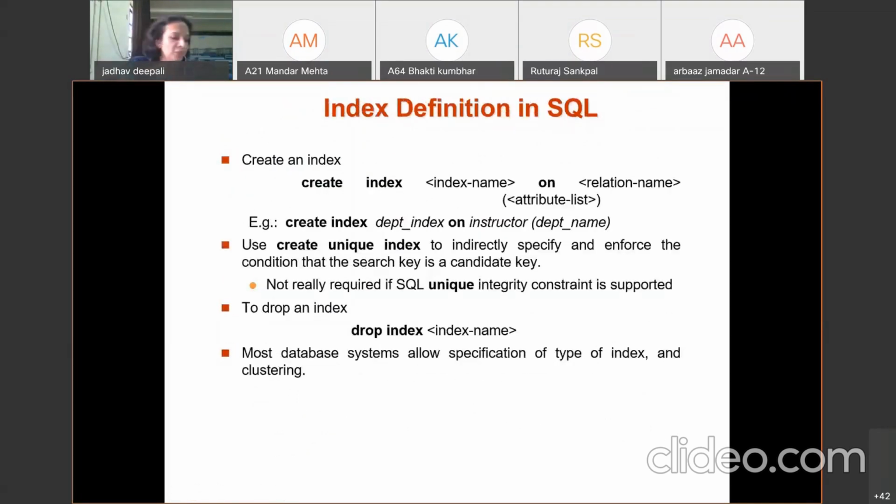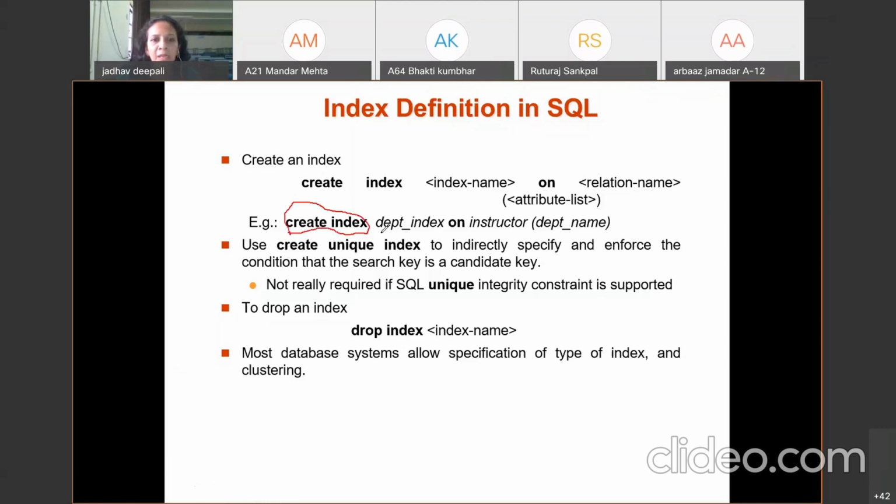Now the index definition in SQL that we are going to execute in practical: we are going to create the actual index for the table that you have already created, for the relation that you have already implemented. The simple syntax is: create index, index name, on relation name, and the attribute list on which we are going to create the index. An example is given here. Create index is a keyword.